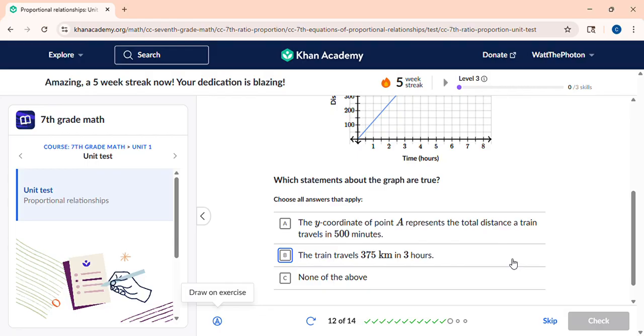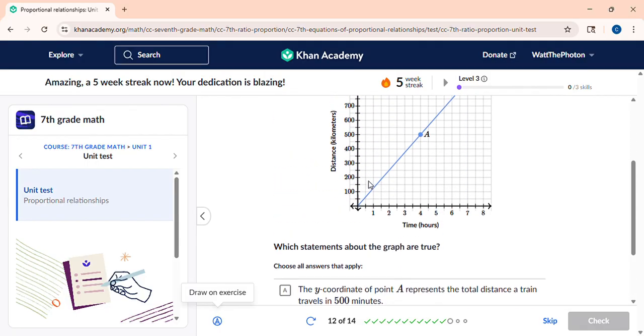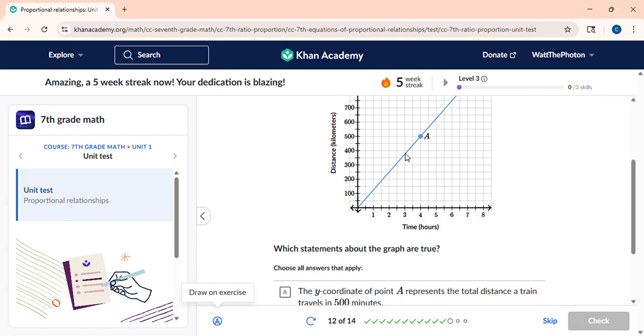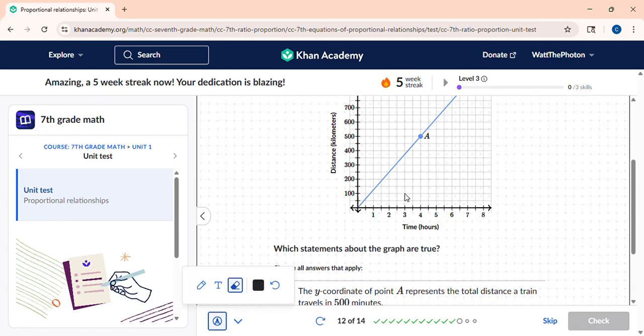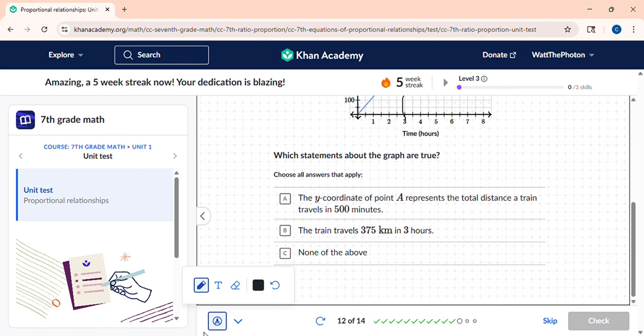The train travels 375 kilometers in 3 hours. That's possible. 375 kilometers.